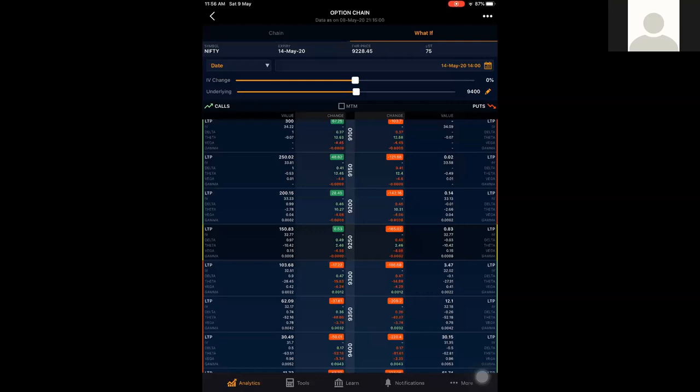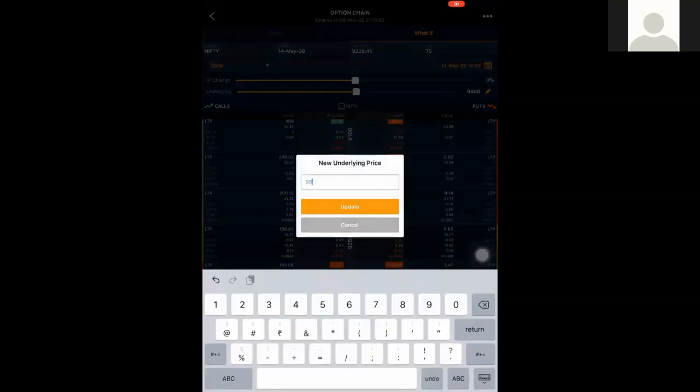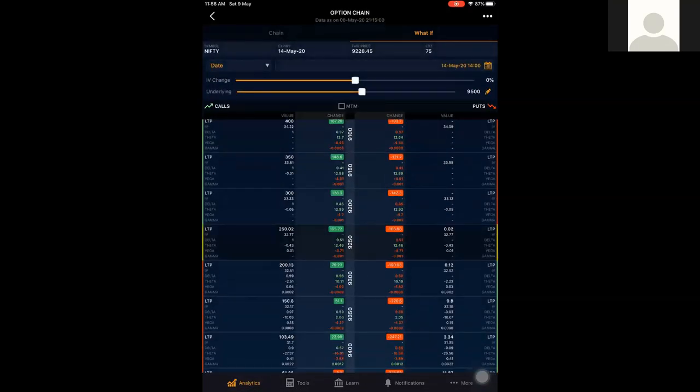Now, if instead of 9400, I make it 9500, definitely at 9500, I'm making money. Right? Your 9300 call will pay up 80 rupees because you are getting more in the money.